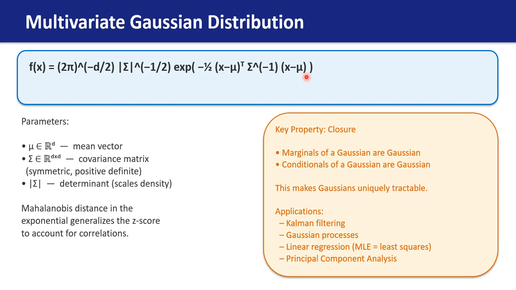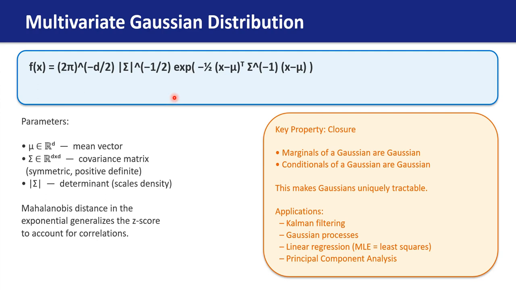Let us break this down. Mu is the mean vector. It is a list of d numbers. Sigma is the covariance matrix. It is d by d, symmetric and positive definite. It tells us how the variables vary together. The determinant of sigma scales the whole distribution.